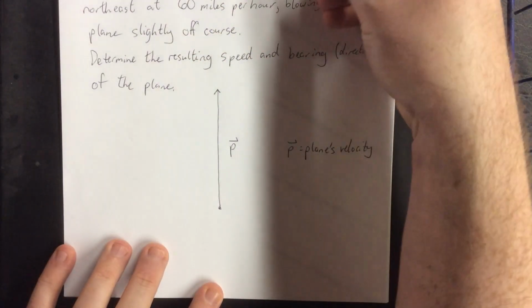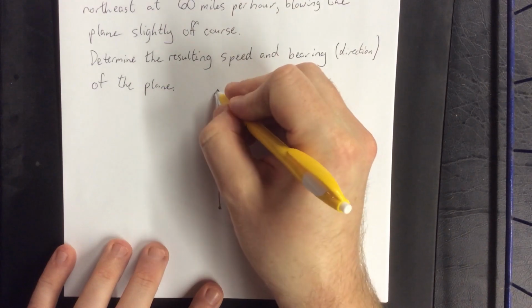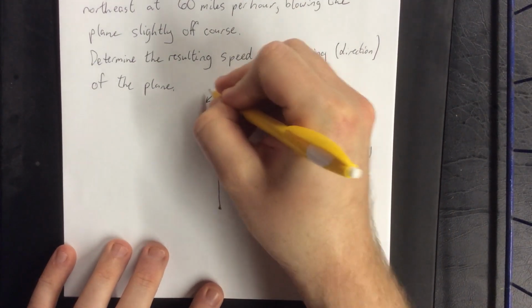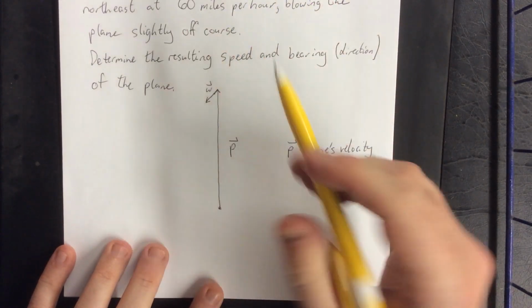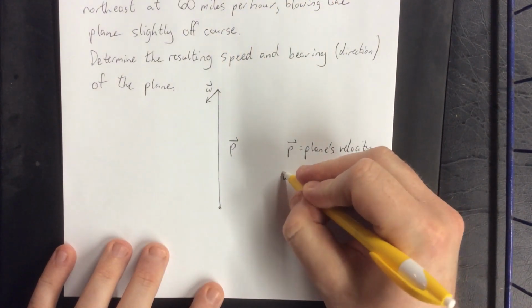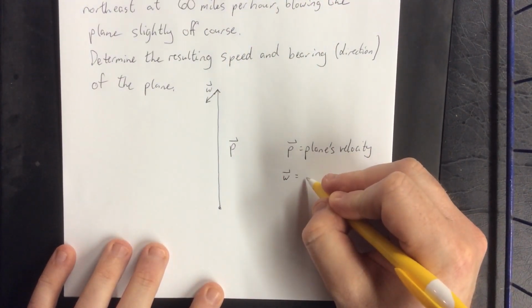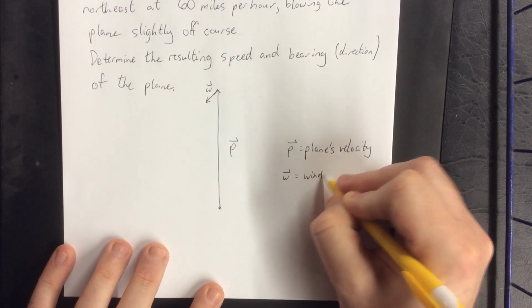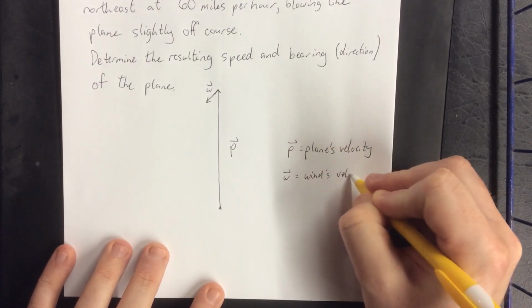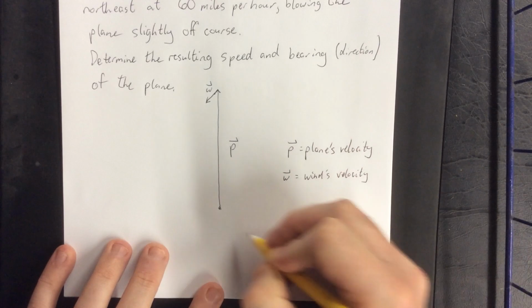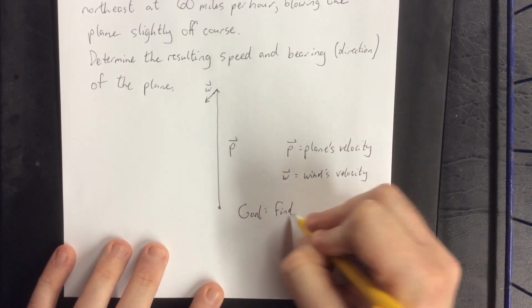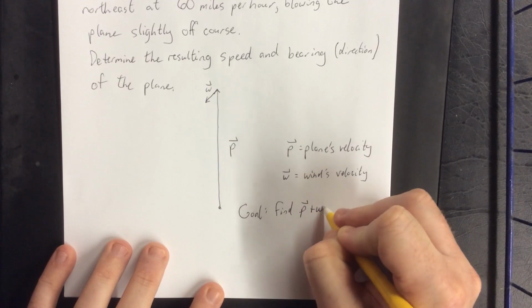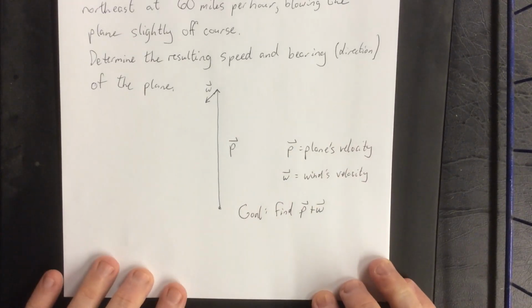Now again, it blows in from the northeast, which means it'll be pointed in the direction of southwest. In comparison to 550 miles per hour, 60 miles per hour is not particularly big. So W, that'll be the wind's velocity.